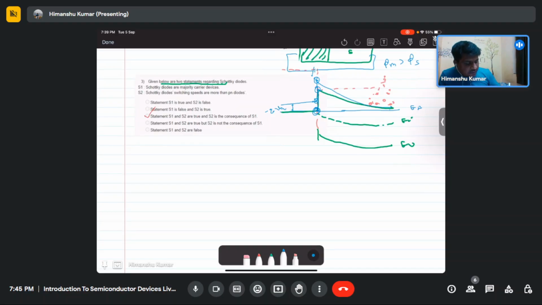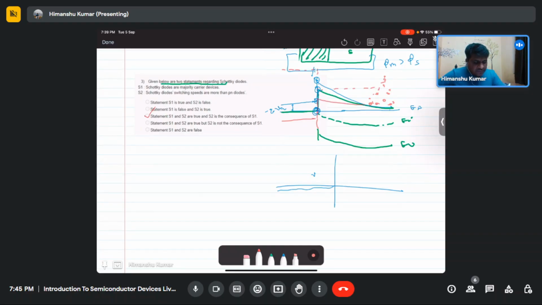So if we draw the current versus voltage characteristics, at negative voltage, a very small current will flow. Now what will happen if we apply the positive bias? Positive bias will bring down this barrier, and it will be reduced.